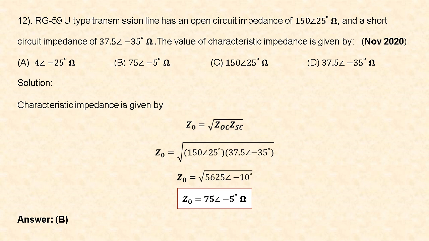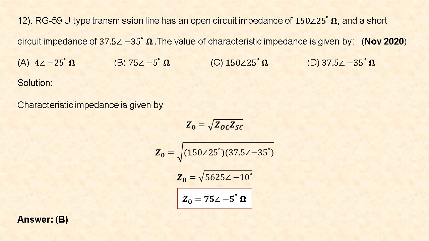We know the formula for characteristic impedance as Z0 is equal to square root of ZOC into ZSC, which is nothing but open circuit impedance, that is 150 angle 25 degree, and short circuit impedance 37.5 angle minus 35 degree. Multiplying the magnitudes, we have 150 into 37.5, which is equal to 5625, and the arguments get added, that is 25 plus minus 35 degree, which is equal to minus 10 degree.